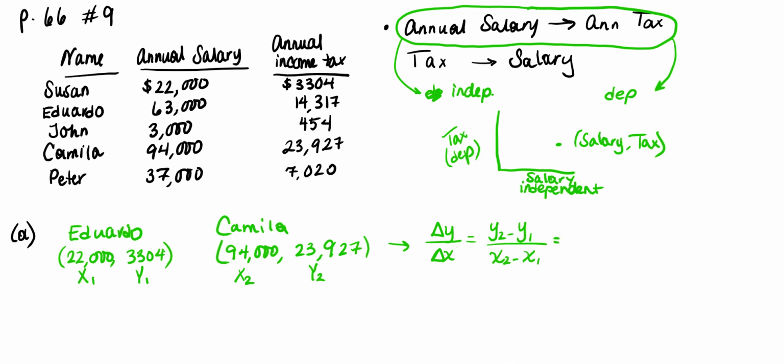So we have 23,927 minus 30,304, and then 94,000 minus 22,000, equals, let me just do that very quickly.